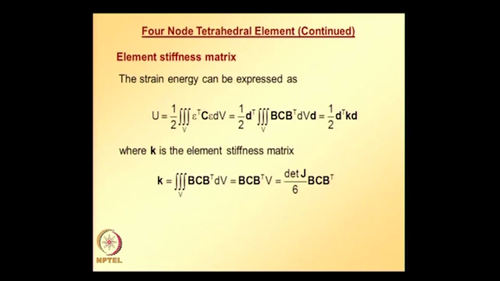Since B is constant and since constitutive matrix is also constant, we can pull them out of the integral. Finally, k is given by B C B transpose times V. V is nothing but volume of tetrahedral element.